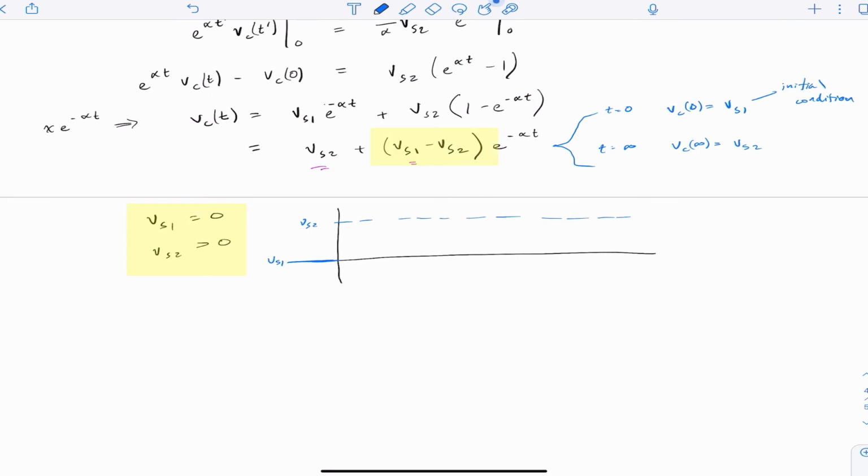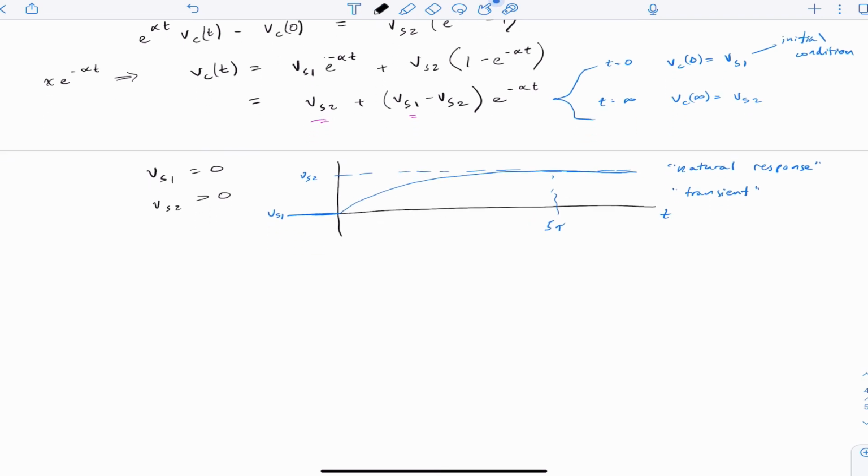And notice here that in this case, Vs1 minus Vs2 is negative. So you should expect to see a negative exponential decay. So that's what it's going to look like here. And then we'll mark a 5 tau, because that's where this natural response or transient ends.